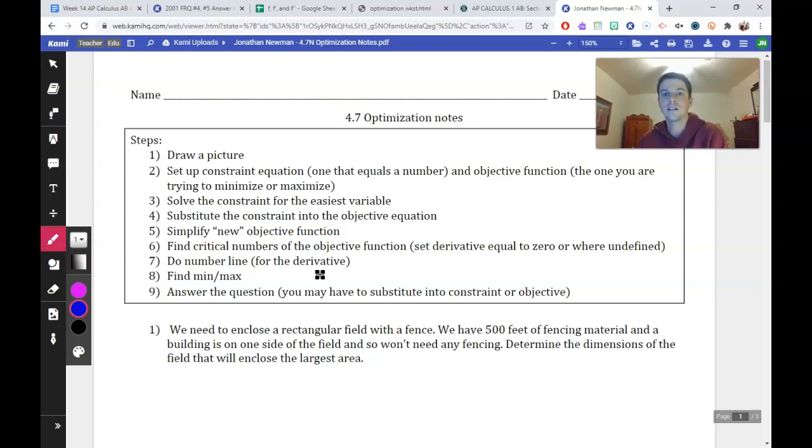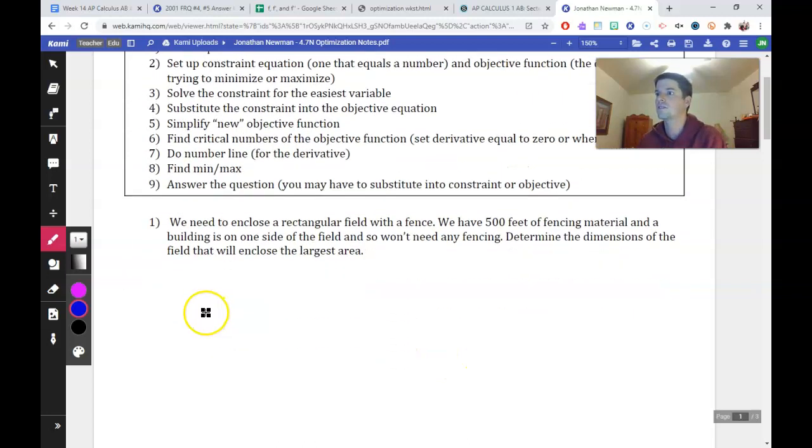We can find that because, remember, maximums and minimums are where the derivative is equal to 0. Those are our critical points. So we find the critical numbers, then use our number line to make sure the critical number we found is a maximum or minimum, depending on what we need. And then we answer the question. That's the basic idea, so let's get started.